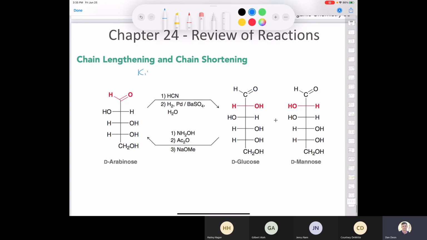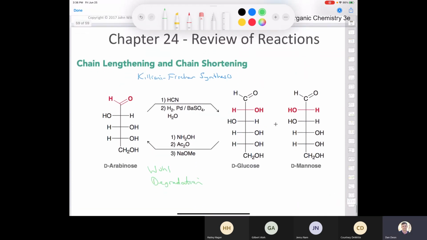So this is the Kiliani-Fischer synthesis. All right. And on the bottom, we talked about the Wohl degradation. And that is all the new chemistry that we learned in this chapter.